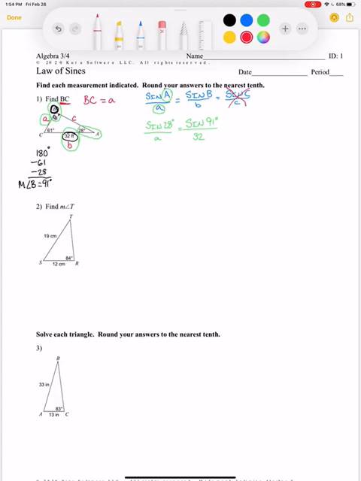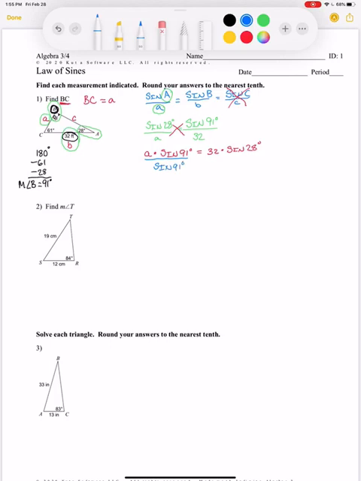You have fractions on either side of an equal sign, so what's really easy to do is just cross multiply. So I have little a times the sine of 91 degrees equals 32 times the sine of 28 degrees. And to solve for a, I would need to move the sine of 91 by dividing it.